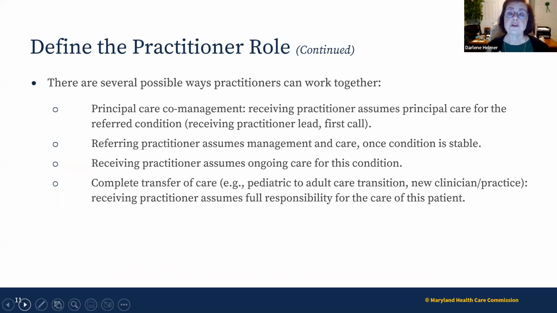You can work together. There's a co-management. I know that many years ago, we developed a co-management program in ophthalmology with ophthalmologists and optometrists.